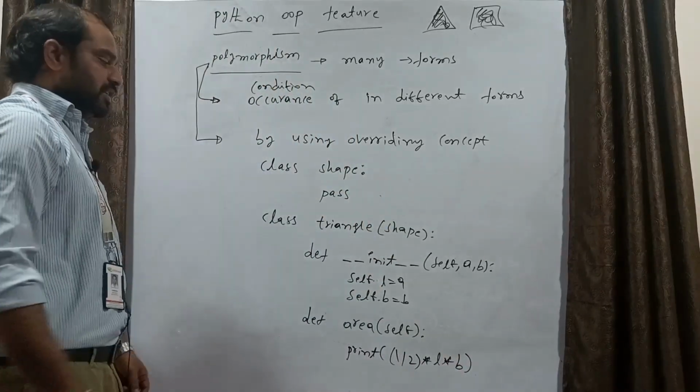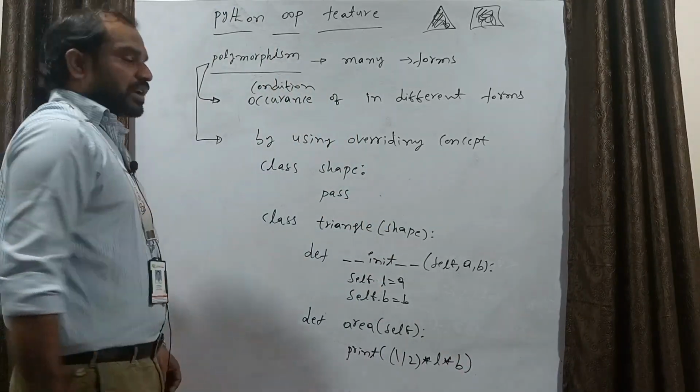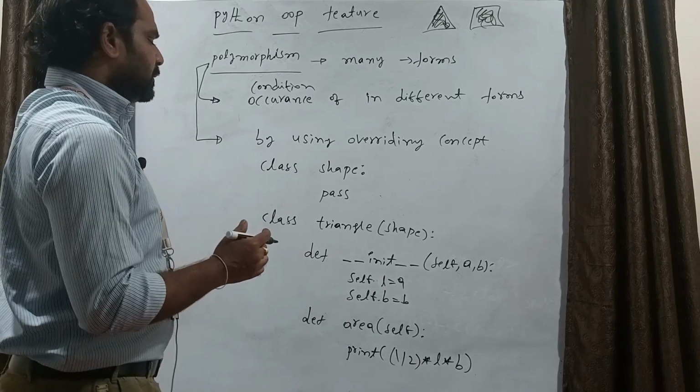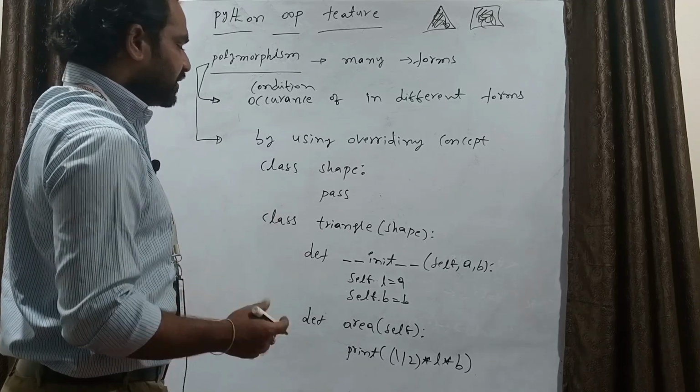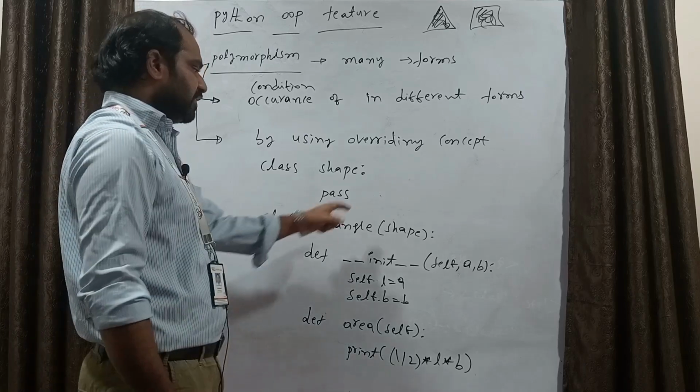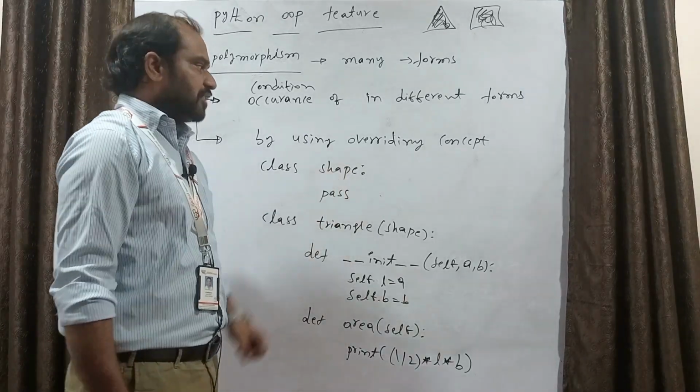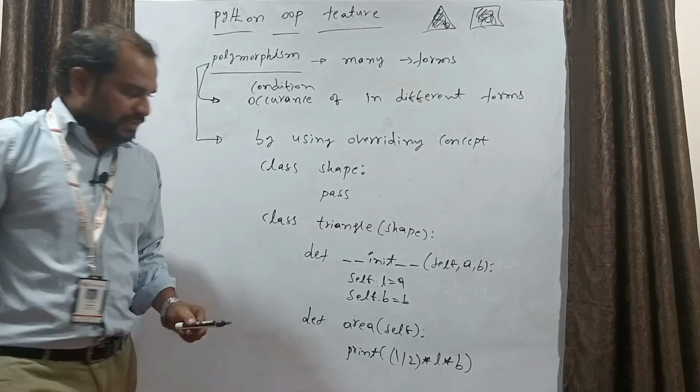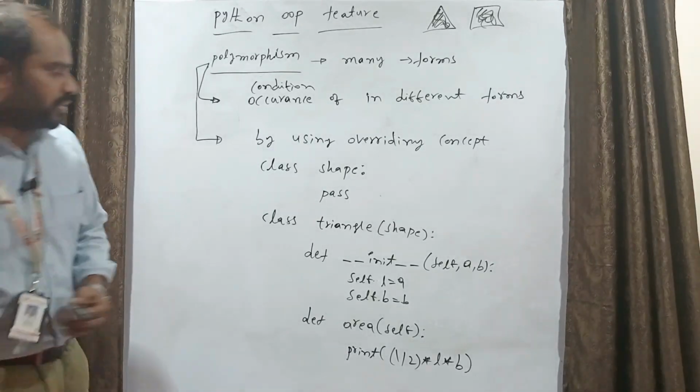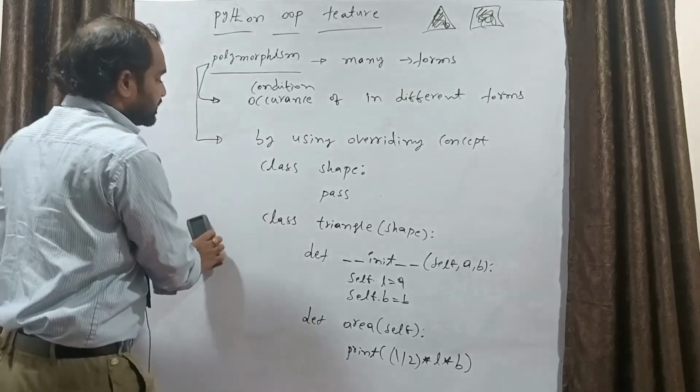The area will get printed. Now I will create one more class, like rectangle, which will also inherit from this Shape class. After this I will write the code for that.